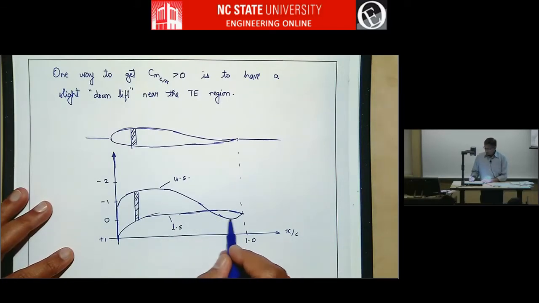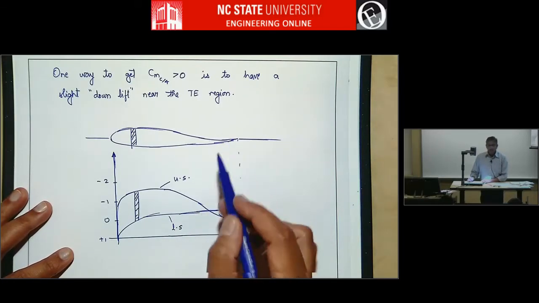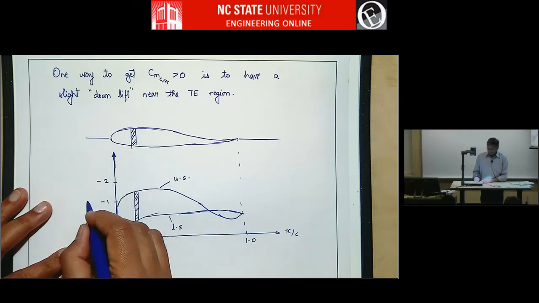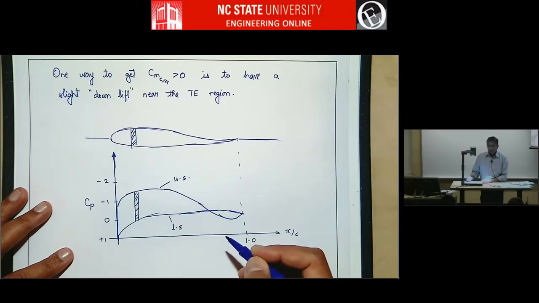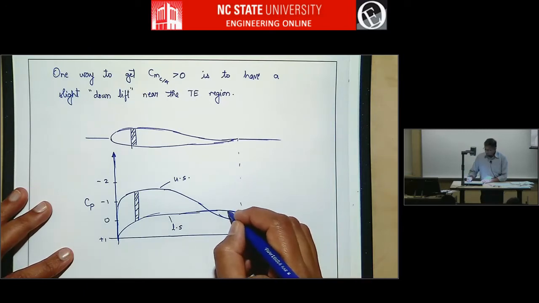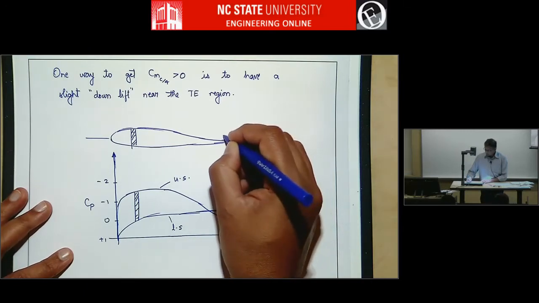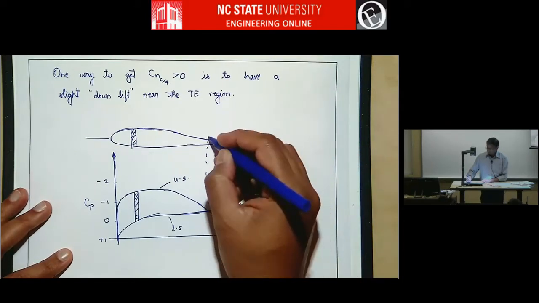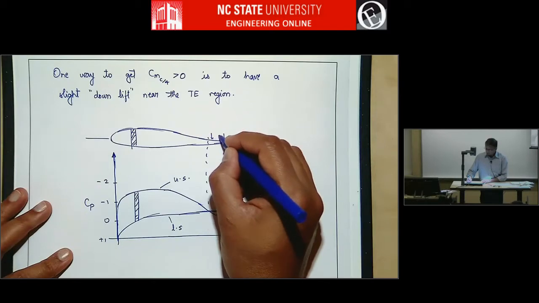Now, towards the trailing edge, because you have shaped the airfoil in this fashion, the curves flip. So if the upper surface curve is lower than the lower surface curve, if you plot it like this, that means the lift is negative. So in this region, for example, there's going to be downward lift. And in fact, all over this portion of the airfoil, there is some sort of down lift.